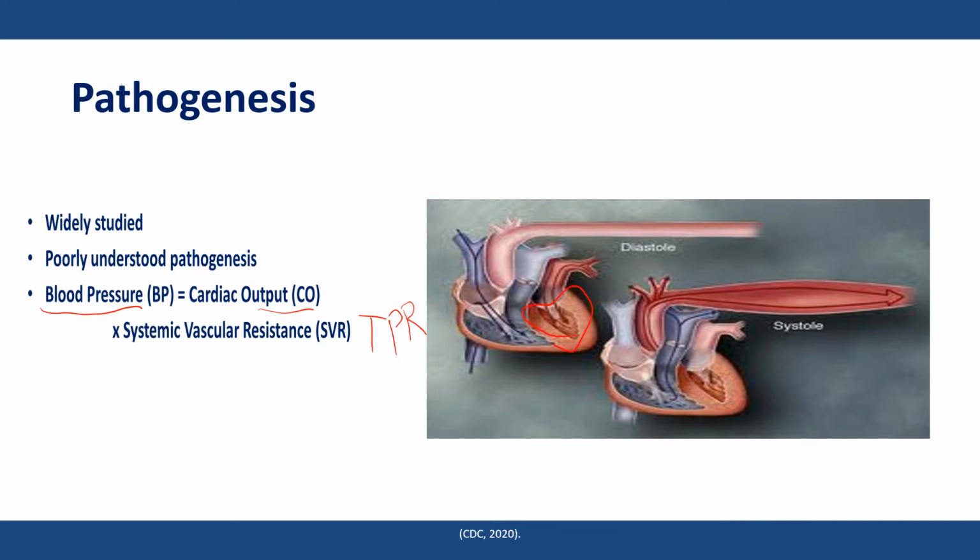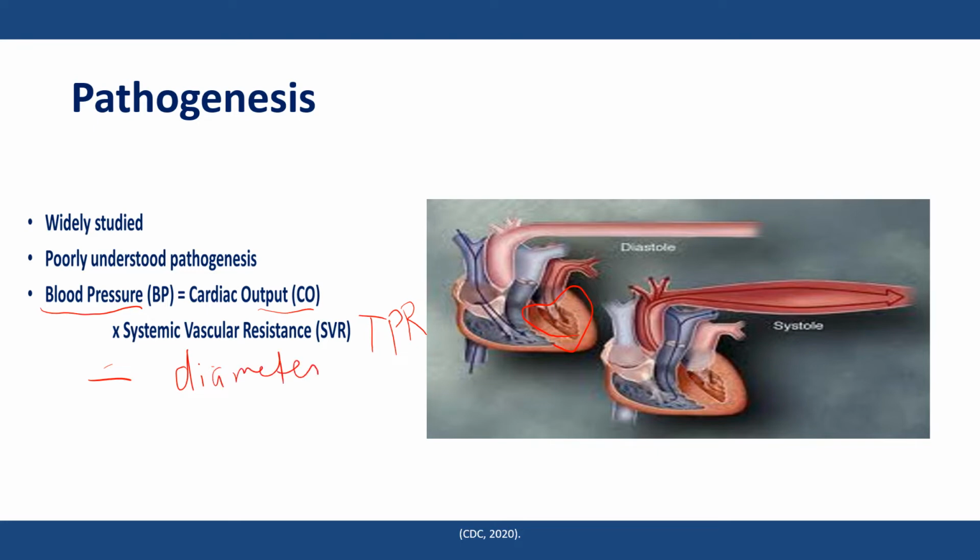And so what is the amount of force on the blood vessel? That is blood pressure. Cardiac output is the amount of blood we eject in 1 minute. Now, the systemic vascular resistance has to do with the diameter of the blood vessel.